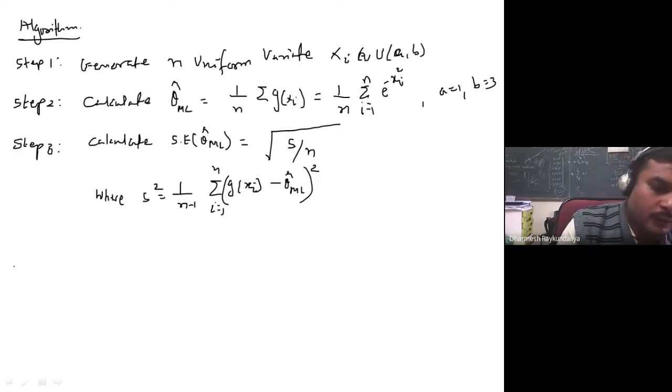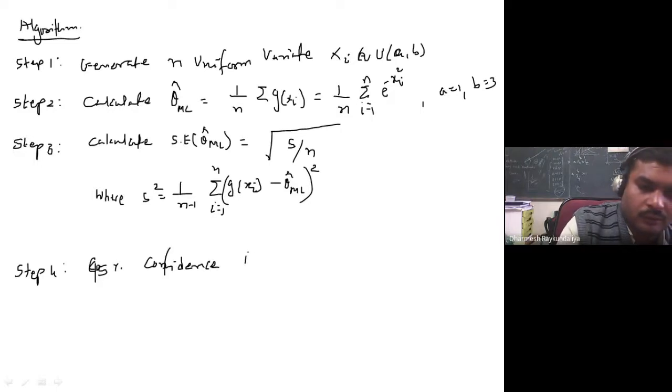And then we wish to find the confidence interval. Step 4: the 95% confidence interval of theta cap mc.